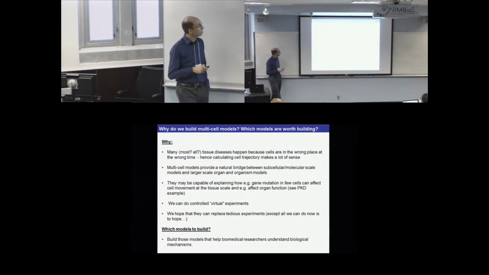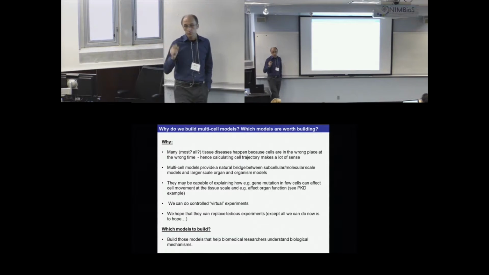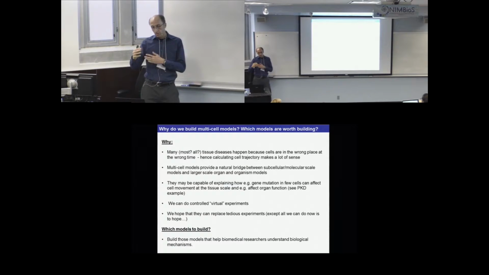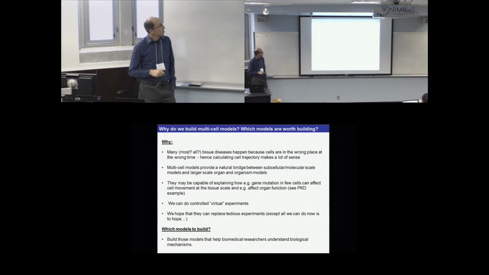And therefore, calculating the trajectory of cells makes a lot of sense. Of course, because cells are the building blocks of tissues, right? They are not the only ones. There's extracellular matrix, which also plays a profound role. But because cells are building blocks of tissues, again, calculating trajectories makes sense.